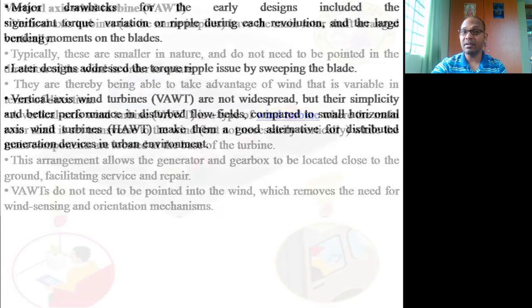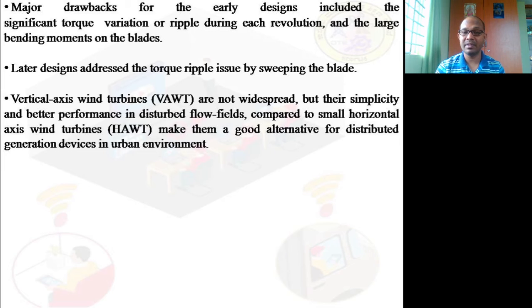But one of the major drawbacks of this vertical axis wind turbine is that we cannot have a bigger one. It is only because failure of the turbine blades will be frequent. Is that clear? The major drawbacks of the early designs include significant torque variation or ripple during each revolution.